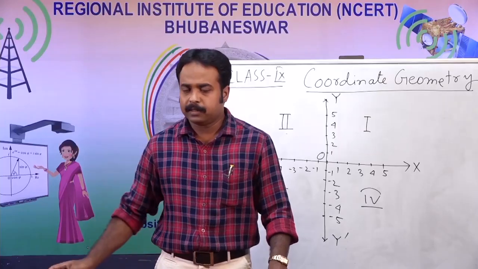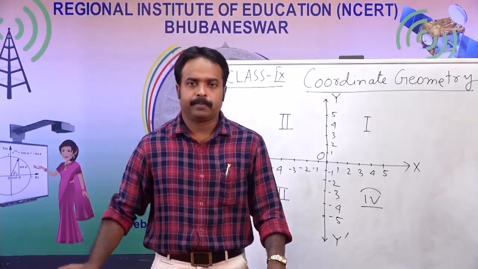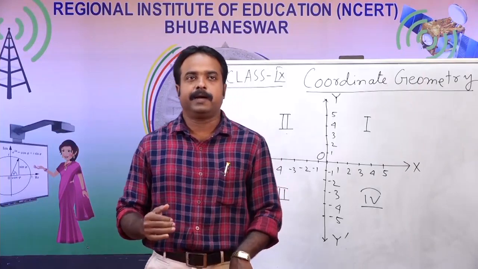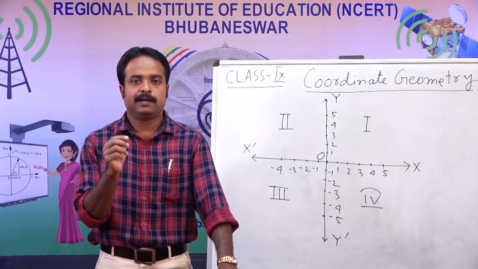Now the distance of the point G from the x-axis is 2 units and its distance from the y-axis is 6 units, and both are in the negative directions. Both directions are negative, so it belongs to the third quadrant.